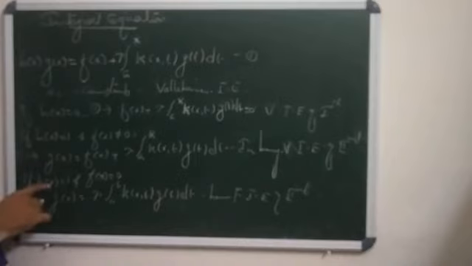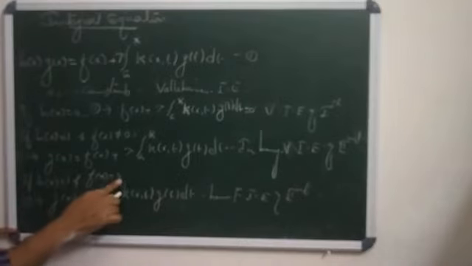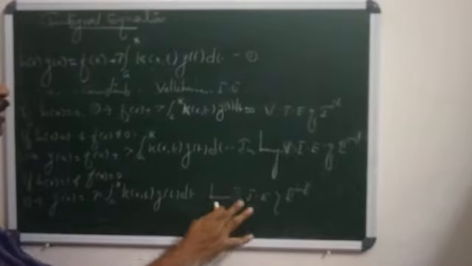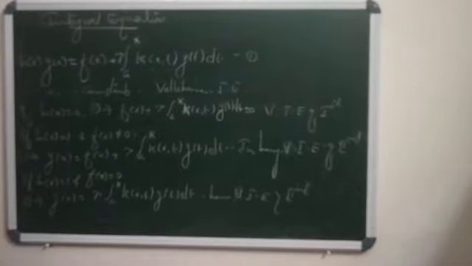Moreover, if h(x) equals 1 and f(x) equals 0, then the integral equation g(x) equals lambda times the integral from a to x of k(x,t) g(t) dt is known as a homogeneous Volterra integral equation of second kind. So this is the classification of integral equations.